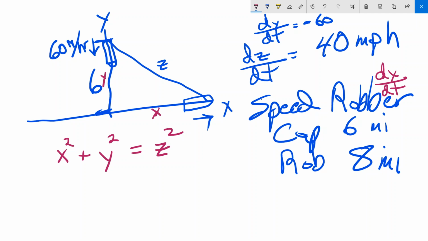What's the terminology for it? It's implicit differentiation, in terms of dt, right? Correct. Because they gave it to us in terms of dt, and their question is in terms of dt. All right.